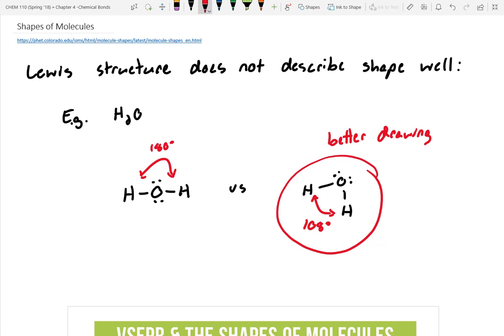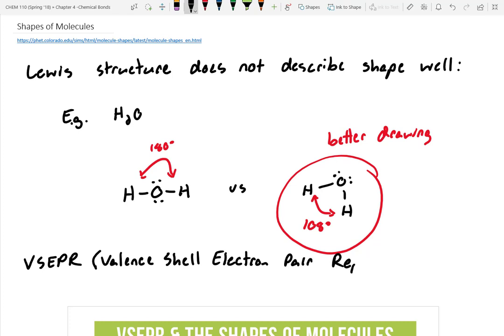And the reason for this is molecules aren't 2D, right? They don't lay flat on a page. They actually take up three-dimensional space. And so the system that's used to describe this is called VSEPR theory. It's valence shell electron pair repulsion.